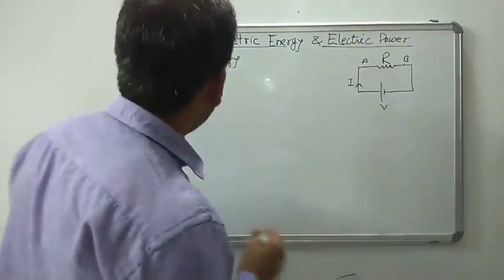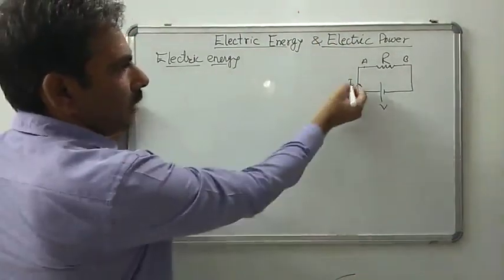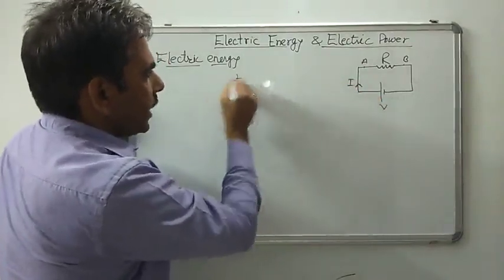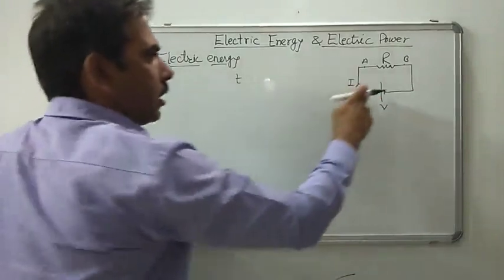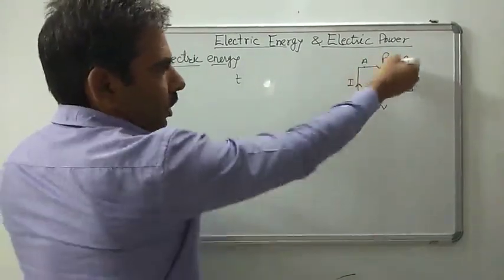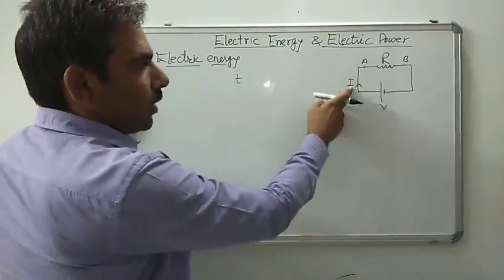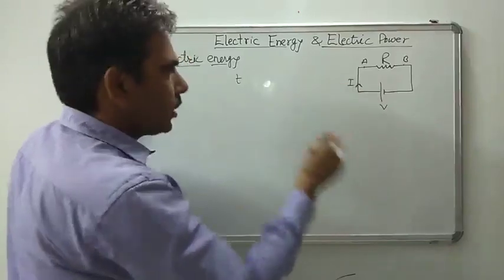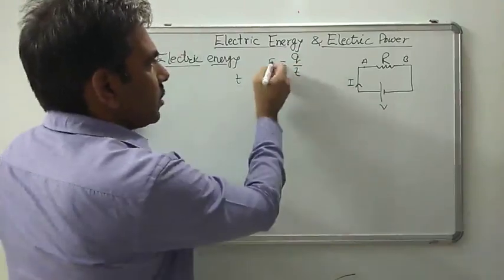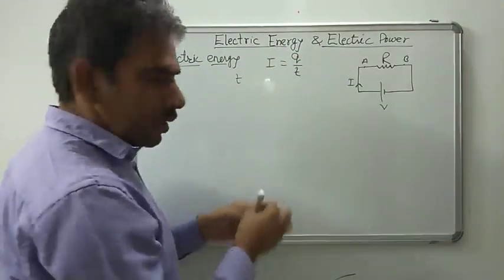So electric energy. Suppose that I amount of current is maintained for some time t, so that means for time t some amount of charge has been maintained through this component or resistor R. Equivalent amount of charge, because current is equal to charge per unit time t, so that means current depends upon the charge flowing.